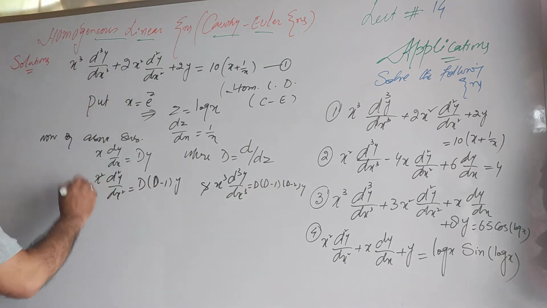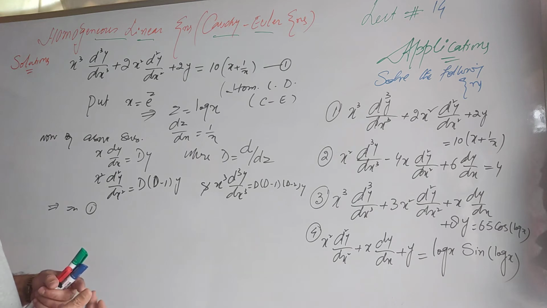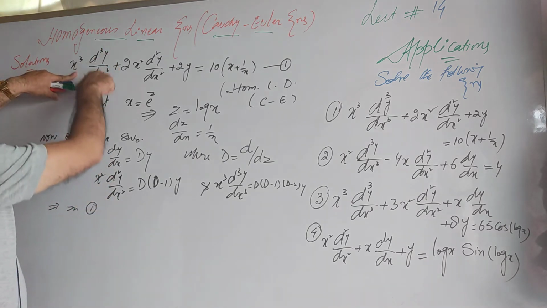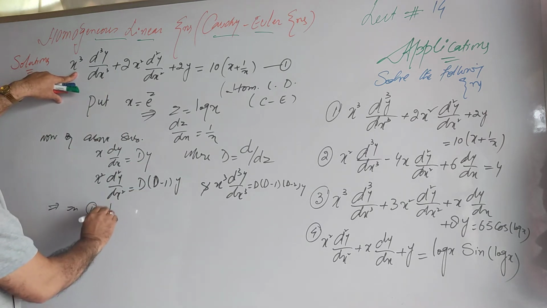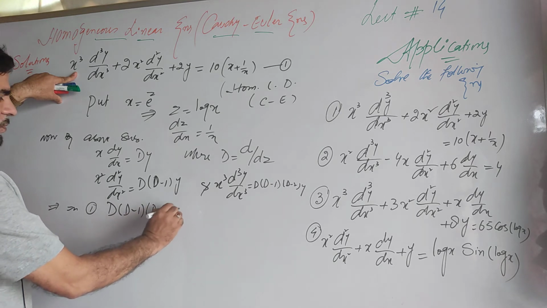Now using all these in the first equation, it reduces to this transformation. I replace x cube d3y by dx cube by D(D minus 1)(D minus 2)y.